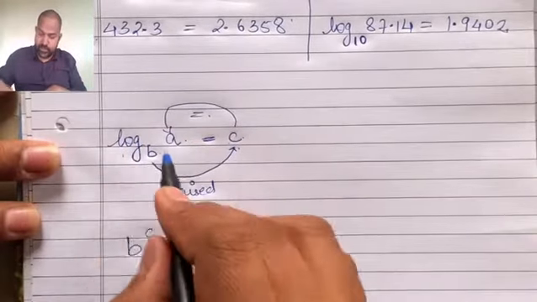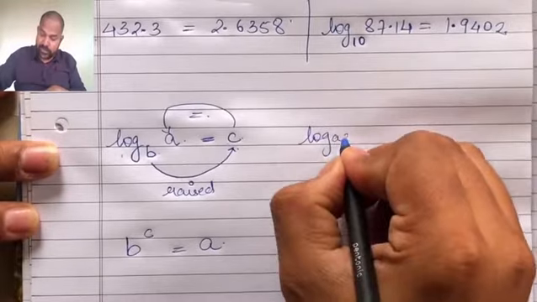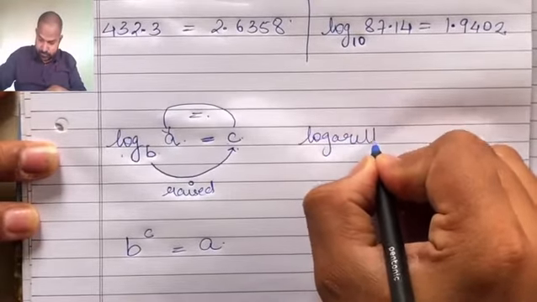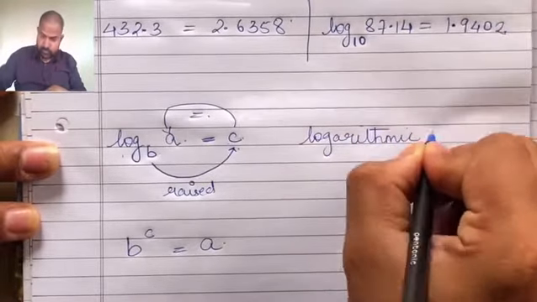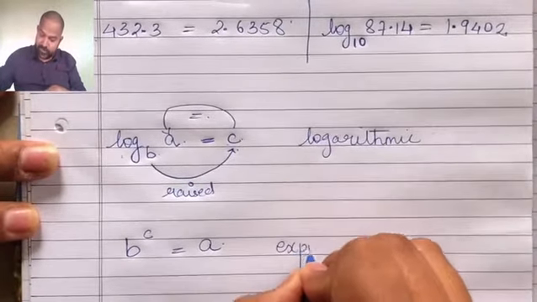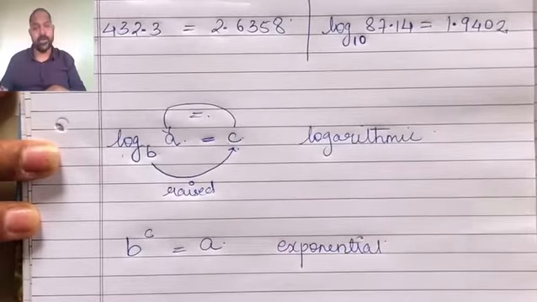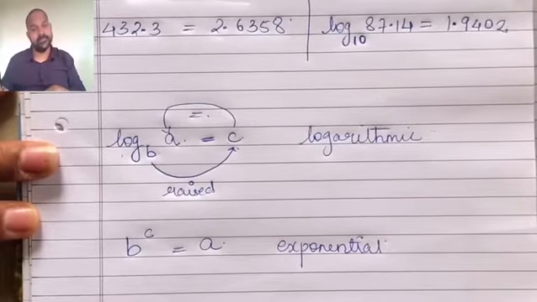This relationship between a, b and c is called a logarithmic relationship, and this relationship between a, b and c is called the exponential relationship between a, b and c.